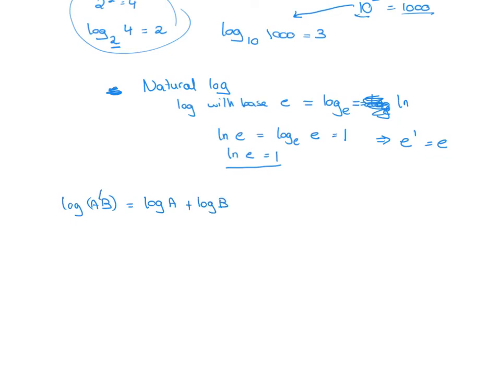If I'm multiplying two values together, then I have to add the log of each one. If I divide them, log a divided by b, then I have log a minus log b. So I'm dividing here and I'm subtracting.